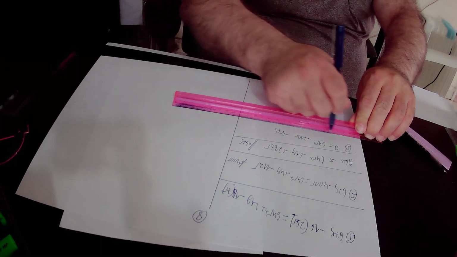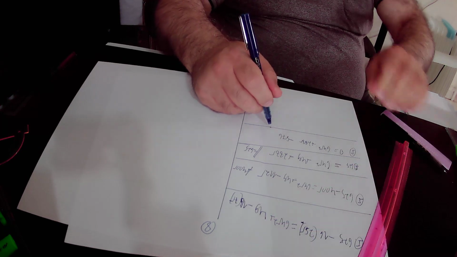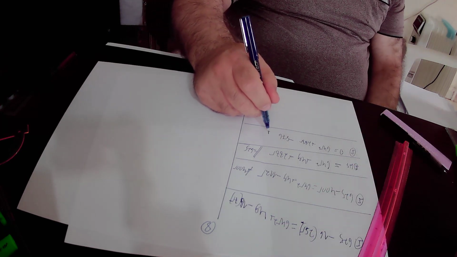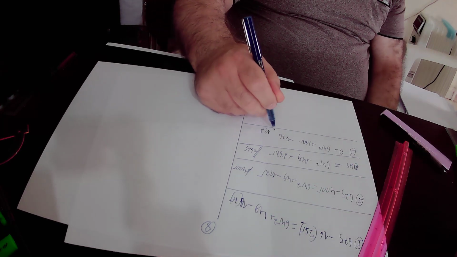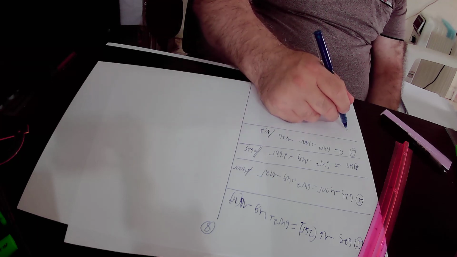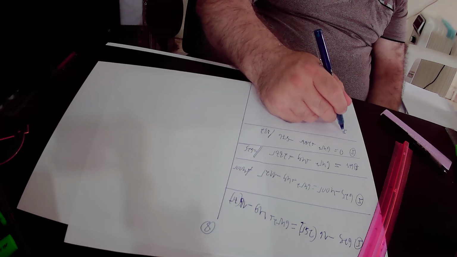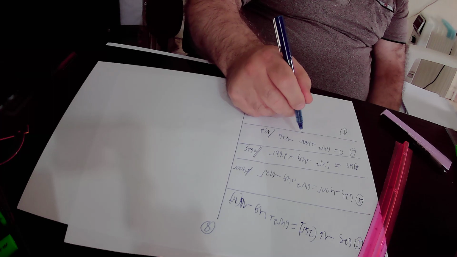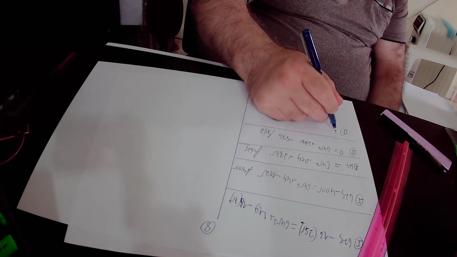So here we'll divide this equation number 1 by 32, and we'll get that 64 over 32 is 2, so this expression equals 2r squared.